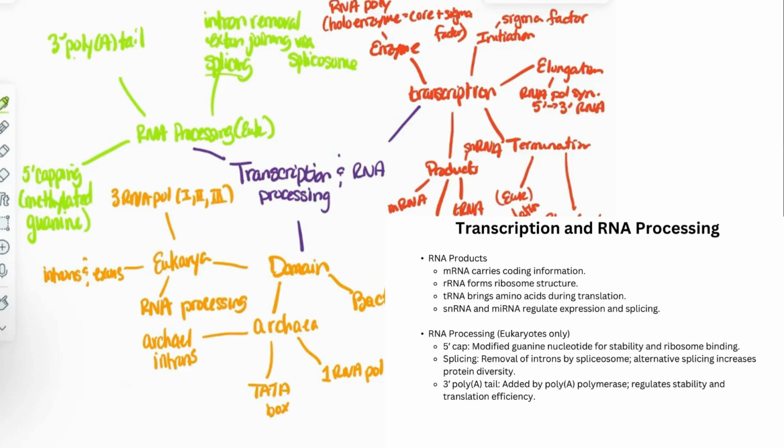So we see that here in our notes. The RNA products: messenger RNA, rRNA, tRNA, snRNA, and miRNA. We have RNA processing in eukaryotes only: 5' capping, splicing, and 3' poly-A tail.